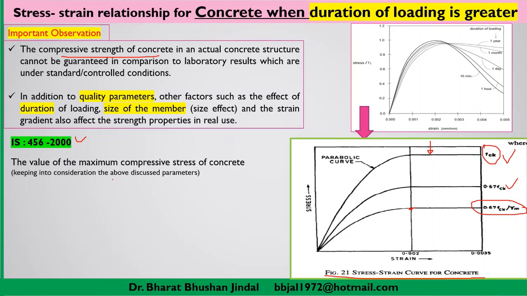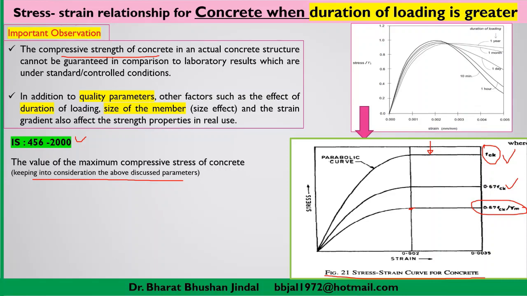But what will be the maximum value of the compressive strength which you can take into calculations by keeping in consideration all the above parameters? That means the effect of the duration of loading, the size effect of the actual construction elements under consideration, and the third point is strain gradient.